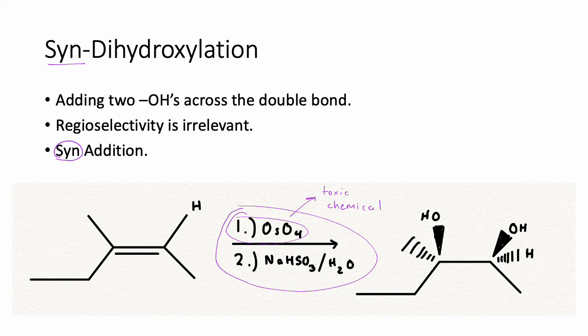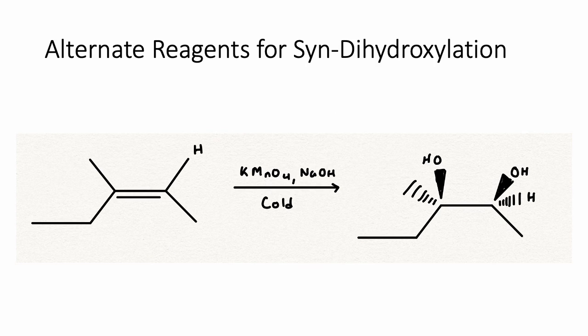And then we can follow that up with a workup of sodium bisulfite and water. If you don't want to use osmium tetroxide, what you can use instead is potassium permanganate and sodium hydroxide under cold conditions.